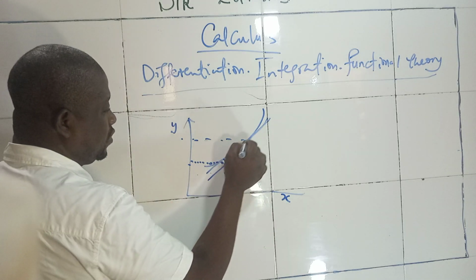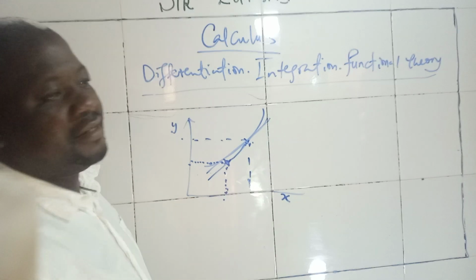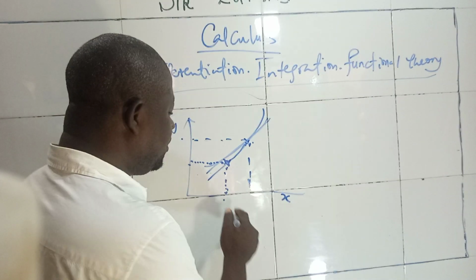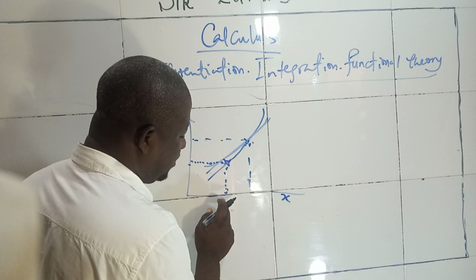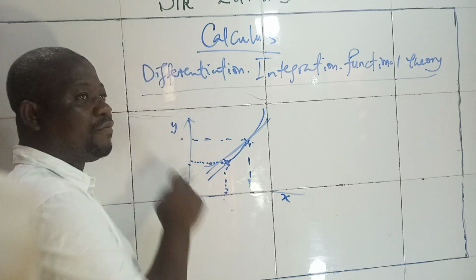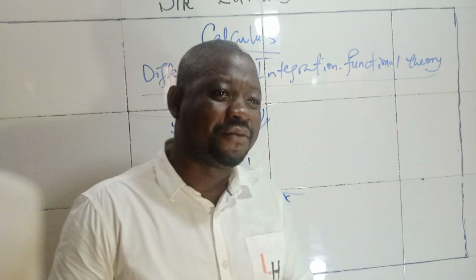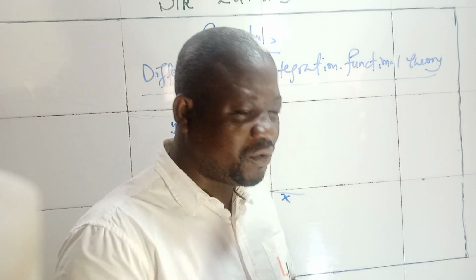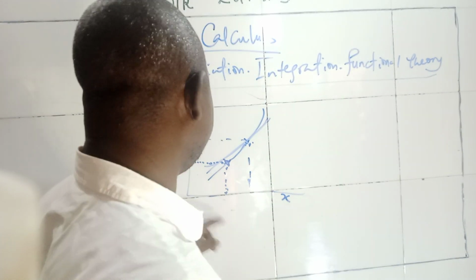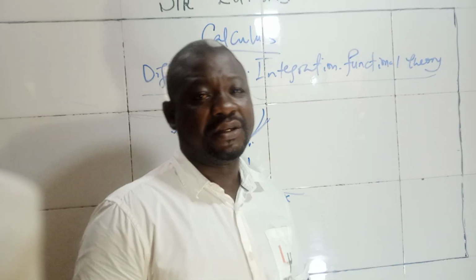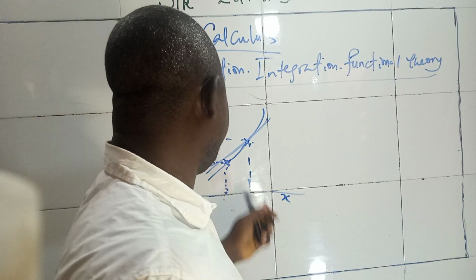So we are now saying that there is a change in position. Once you have a little change in the value of x, if I move from here to here, it will also affect y. That is what differentiation is all about. Once there is a little small change in a function, there will be another change in another variable.